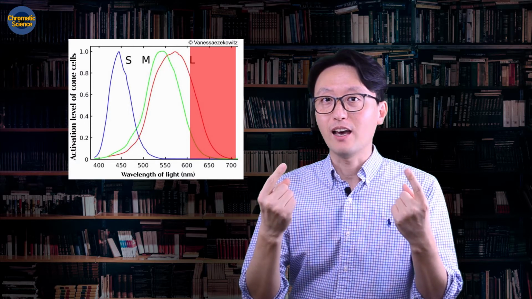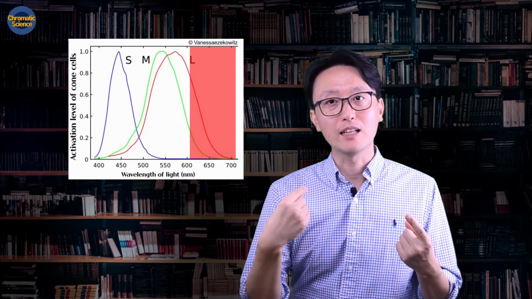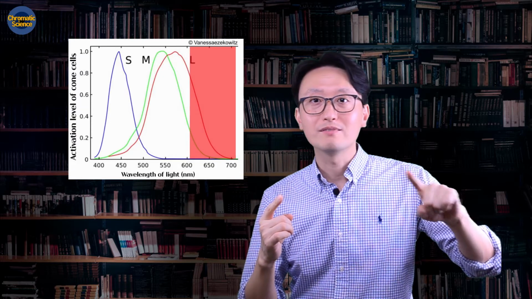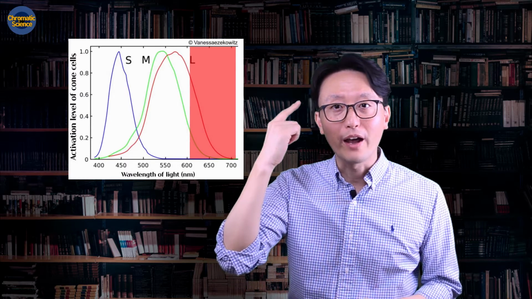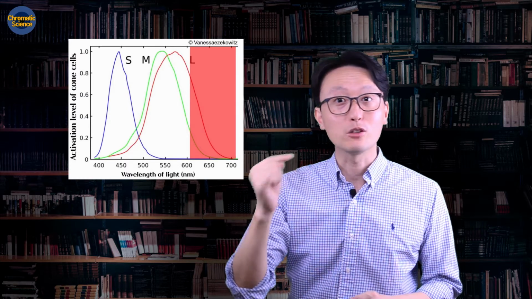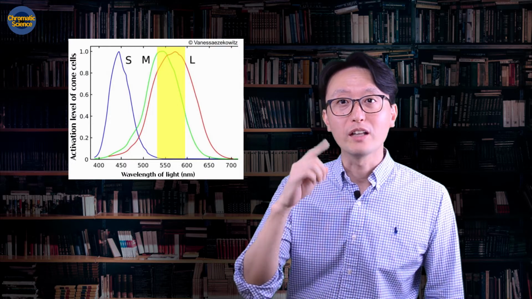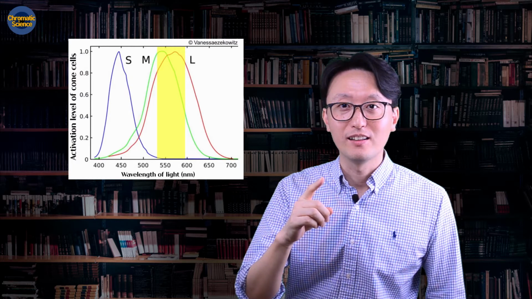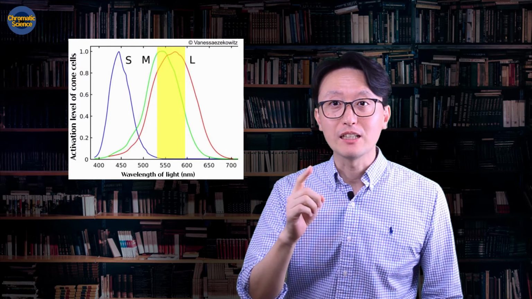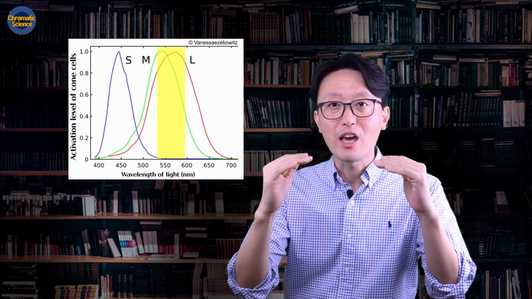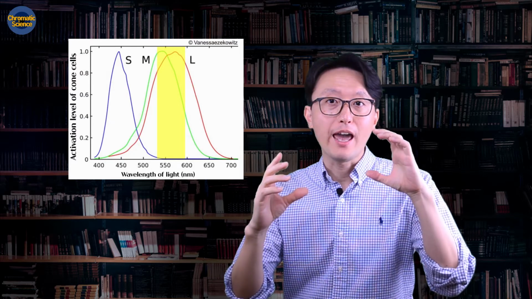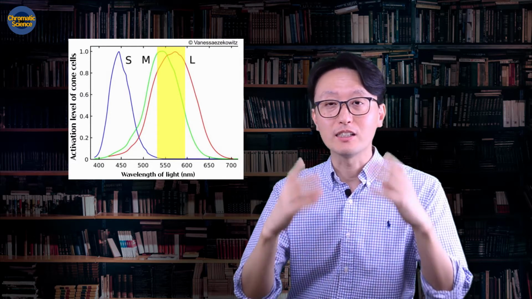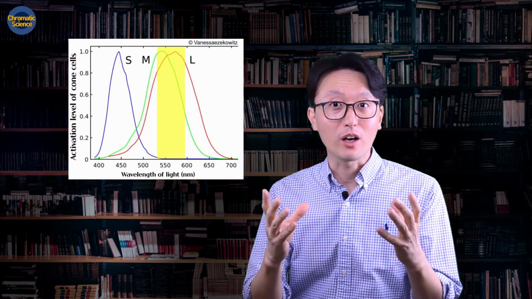The brain thinks that, okay, L-cone cells send me relatively high signals, but the other two cone cells didn't. Then the brain thinks that, okay, this color is red. The yellow color will activate your L-cone cells and M-cone cells as well. That means the brain receives the similar level of activation of L-cone cells and M-cone cells, and the brain interprets that signal as the evidence of the yellow color.